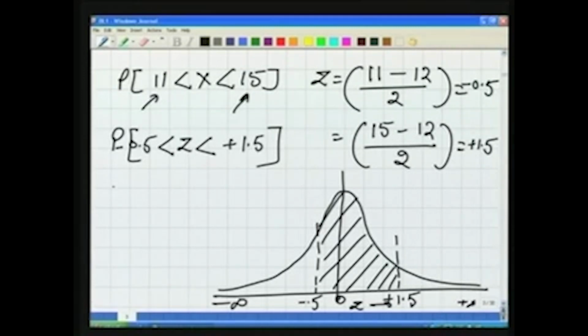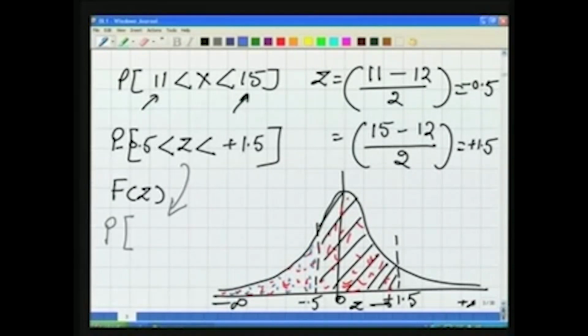In the table, the values that are given to you are only F(z). Well, in order to make use of this, we can write this shaded area as the total area, if I mark it by red dots, that is the total area, minus the area here, which I mark by green dots.